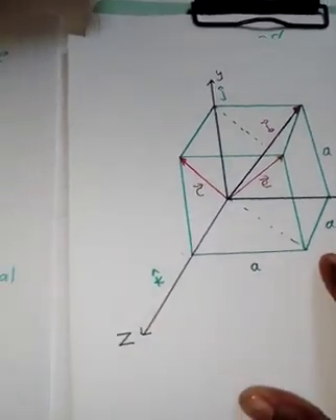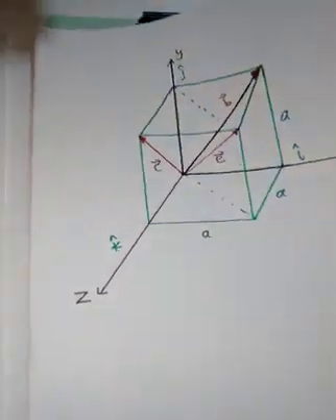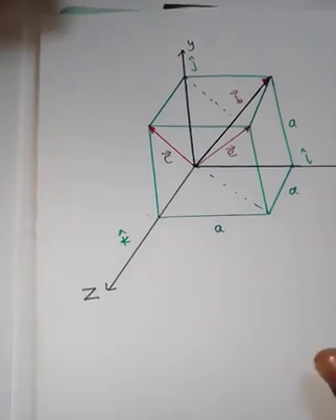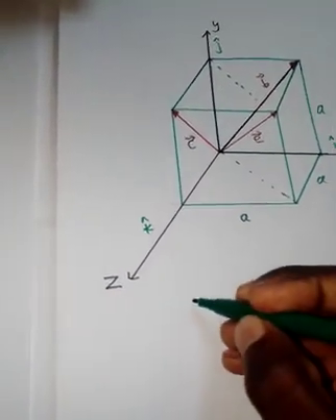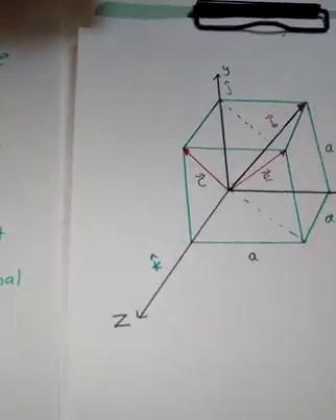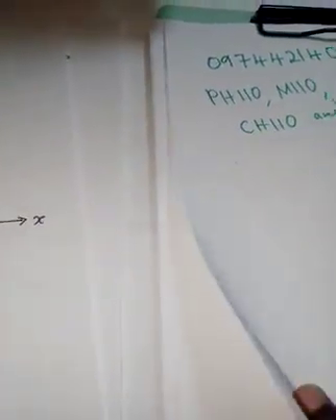Like that. Then the aim here is to find B dot C. Let me just write on this other page.